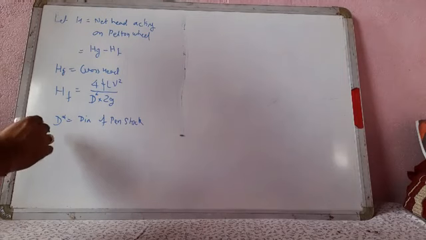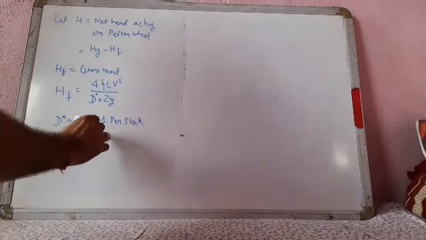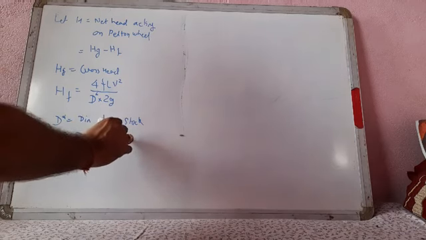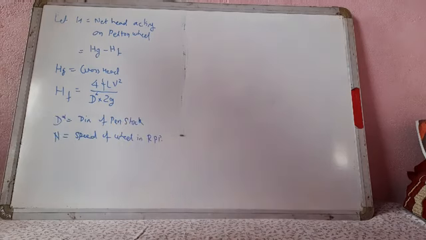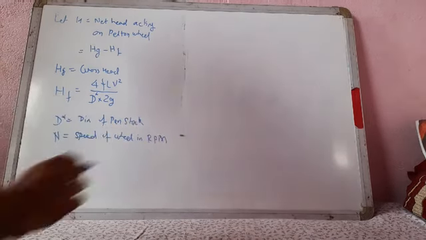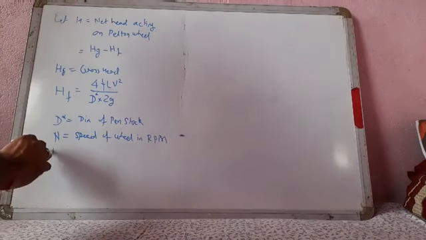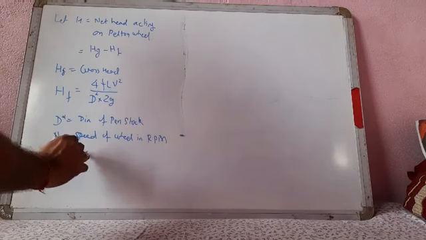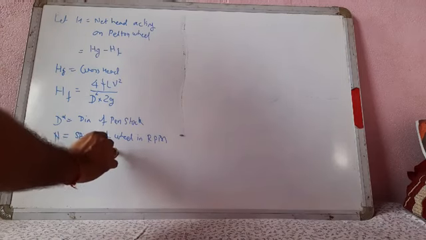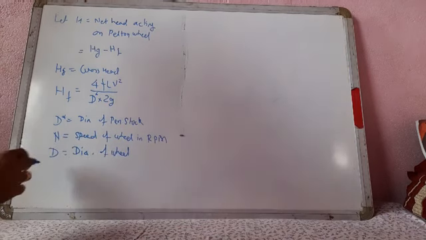N is the speed of the wheel in RPM. D is the diameter of the wheel. d is the diameter of the jet.